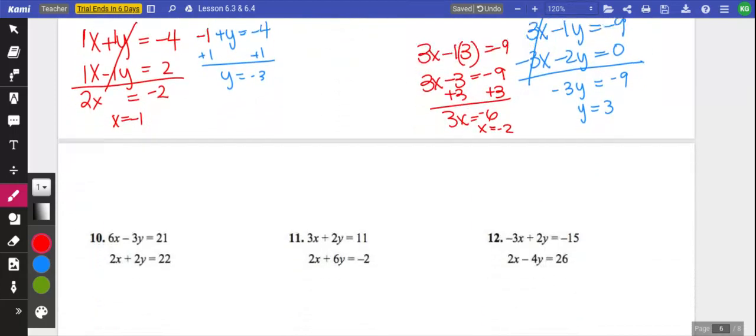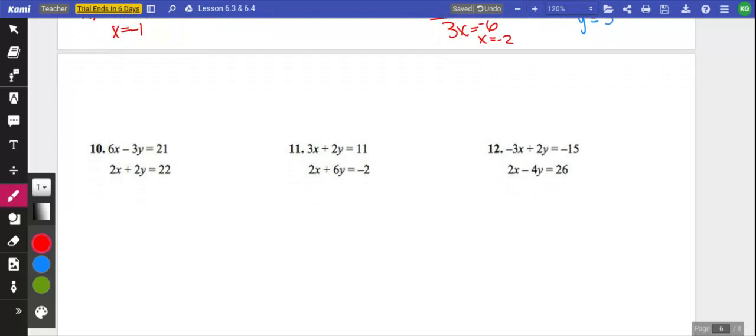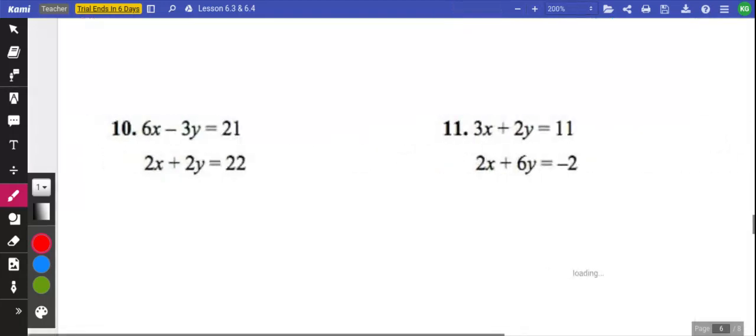Now, what do we do if, looking at number 10 here, I don't have matching variables, coefficients? So what I'm going to do is I'm going to multiply one of the equations, or sometimes you need to multiply both equations, by a number in order to make them opposite. So if I'm looking here at my x's, I have positive 6x and positive 2x.